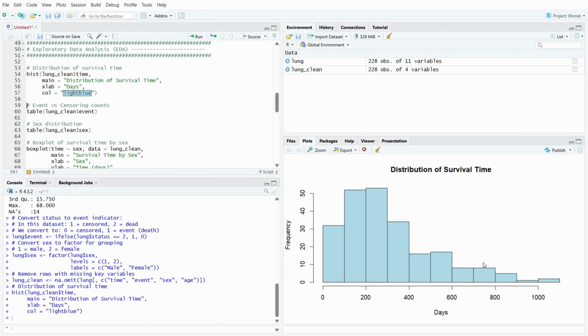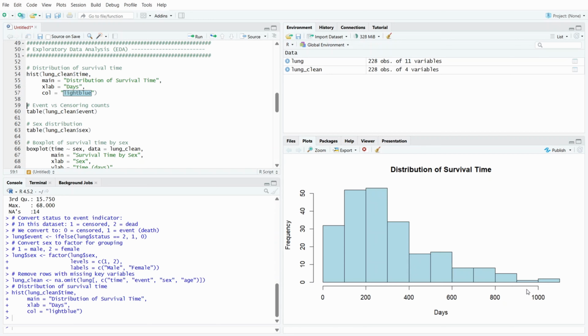There are still patients surviving into the 600, 800, and even 1,000 day range, but these cases are relatively rare. This long right tail is important. It suggests the presence of a few long term survivors who are pulling the average survival time higher than the median. That aligns with what we typically expect in medical survival data.